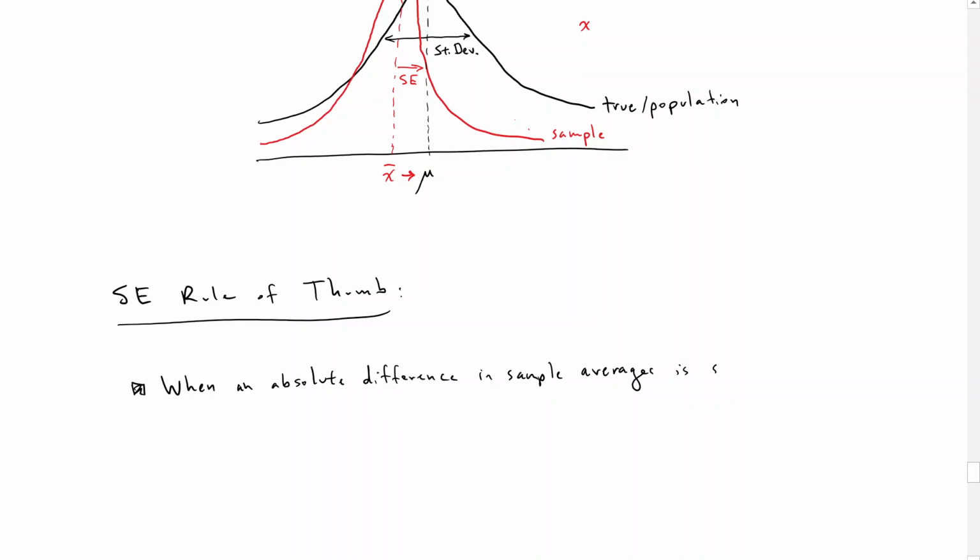So when it's smaller than about 2 standard errors, the difference can be attributed to chance.